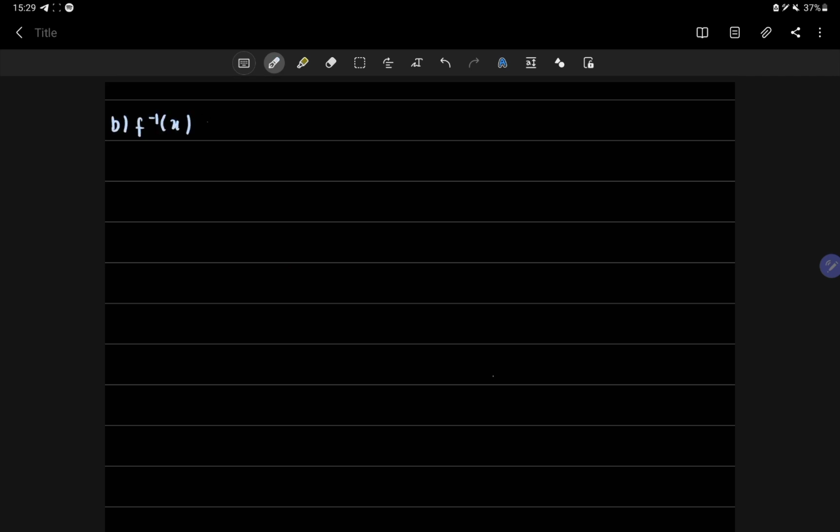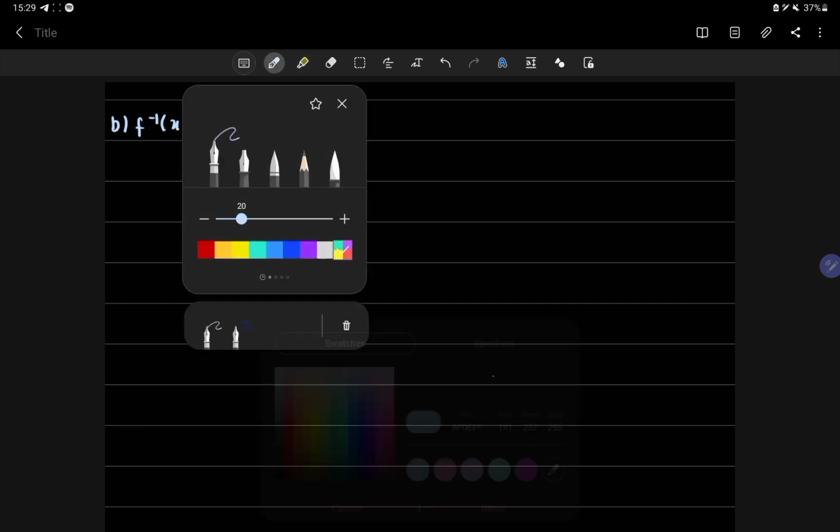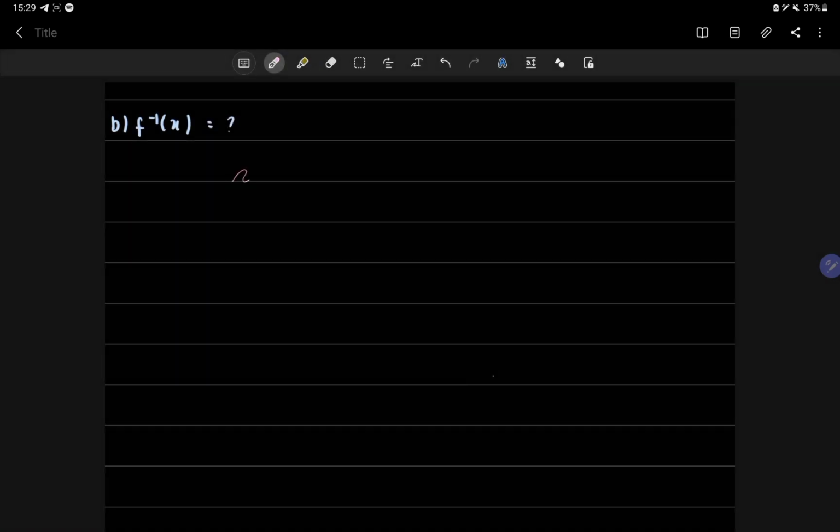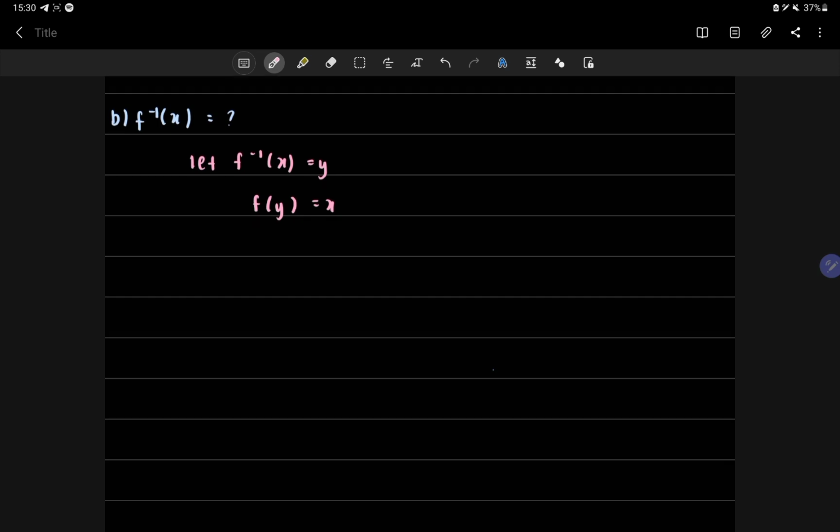Now let's move on to question B. The question asks us to find the f inverse of x. We let f inverse x equal y, and f(y) equals x. We substitute the given function into our newly created function.